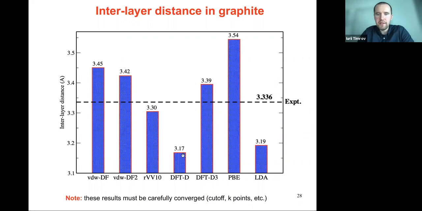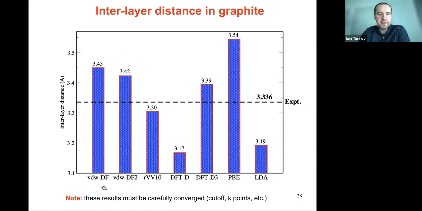DFT-D is largely underestimating it. DFT-D3 is the second best result. And as I said before, PBE largely overestimates the interlayer distance, while LDA underestimates. But interestingly, DFT-D is even worse than LDA. This is quite interesting and surprising, at least to me.